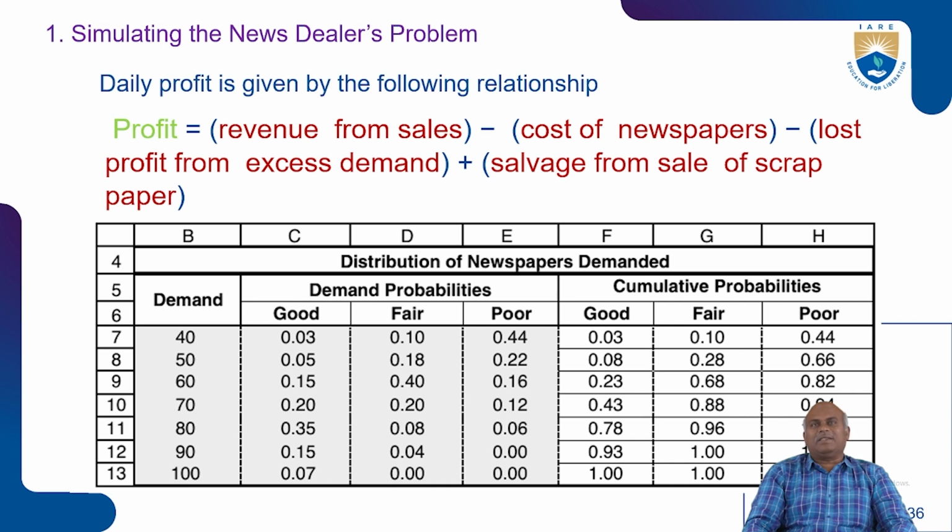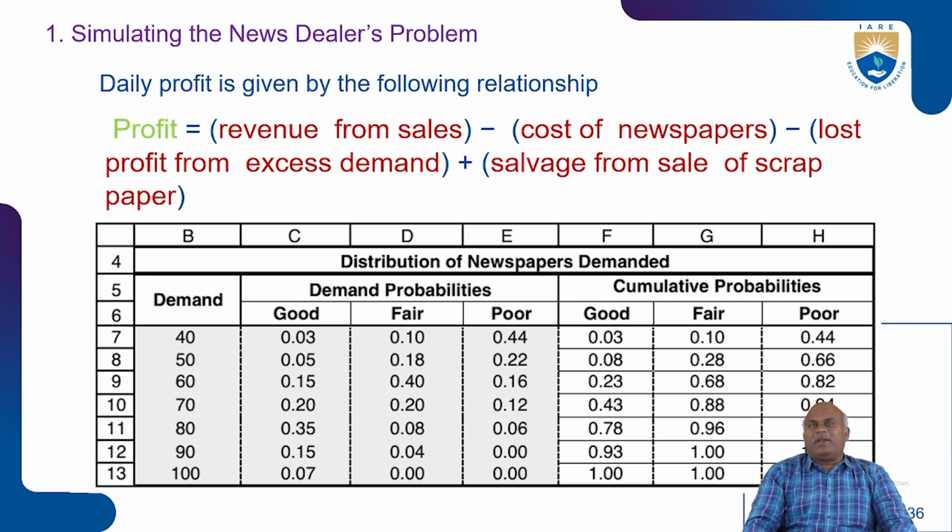Here I take some newspaper distribution. For all cases, this is the same formula for the daily profit: revenue from sales, cost of the product, lost profit from excess demand, and salvage from the sale of scrap papers.